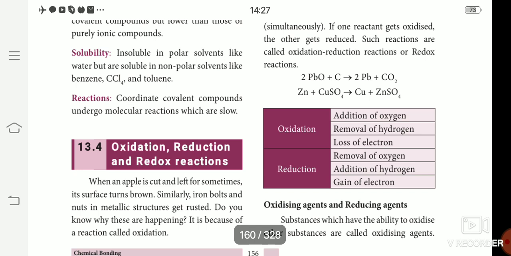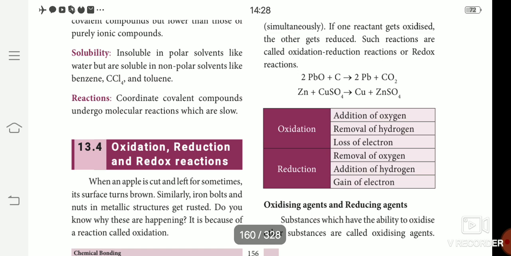Next is the oxidizing agent and reducing agent. What does oxidation reaction mean? Metals react in the presence of atmospheric air, and the metal is converted into metal oxide. This is called an oxidation reaction. In this reaction the oxidizing agent is the electron acceptor.